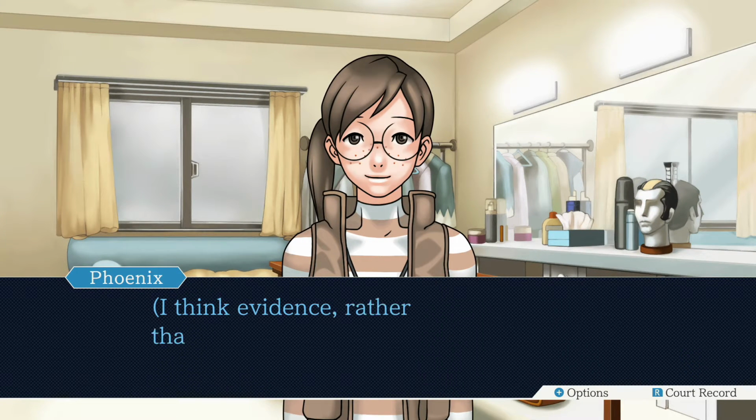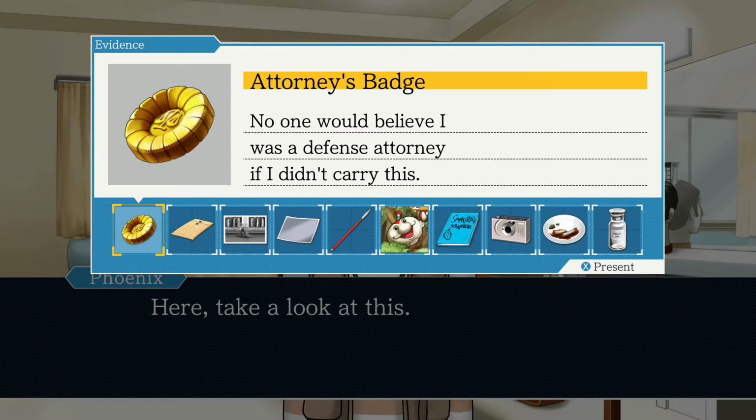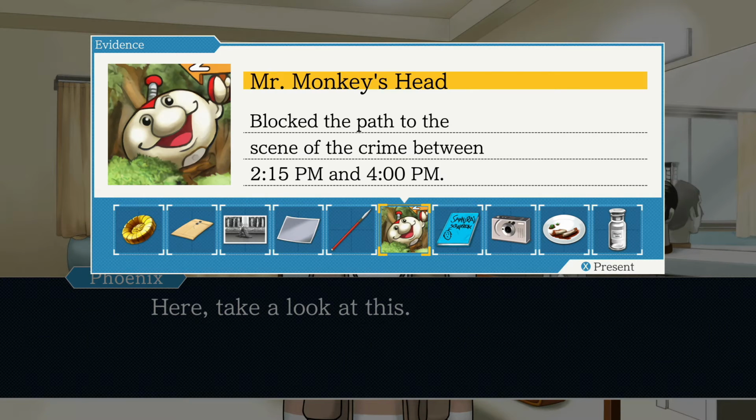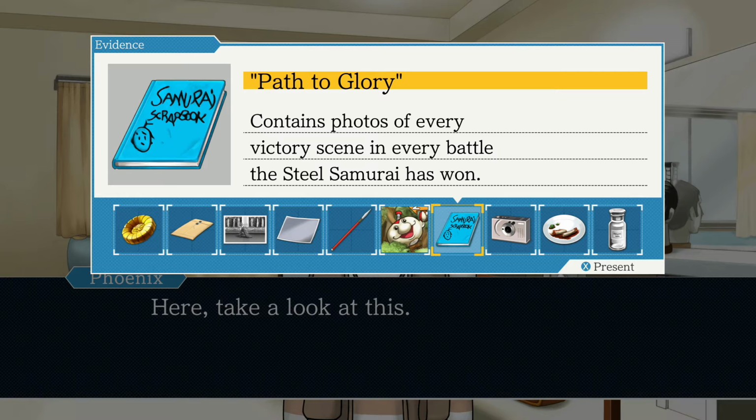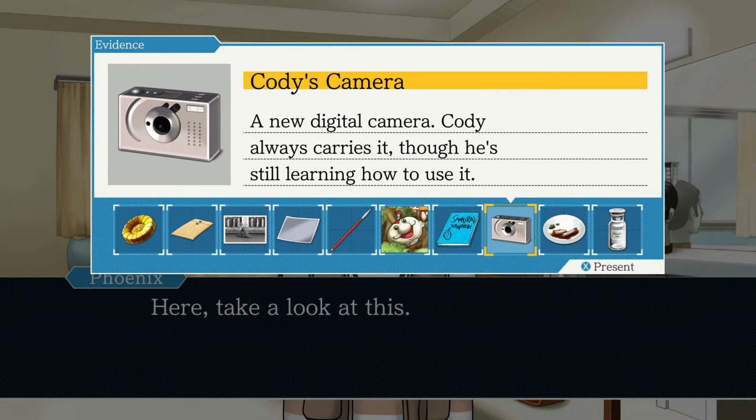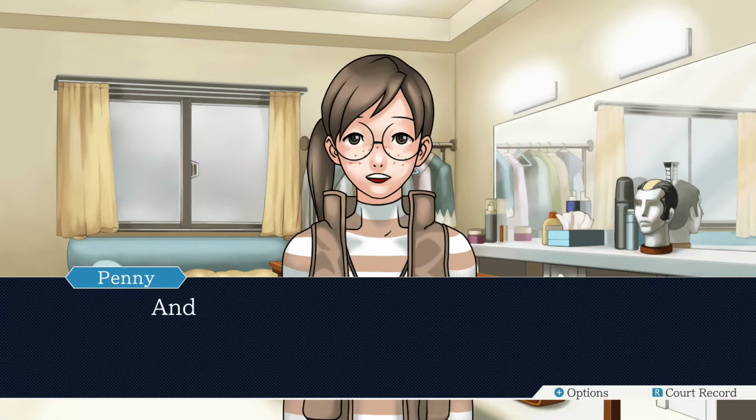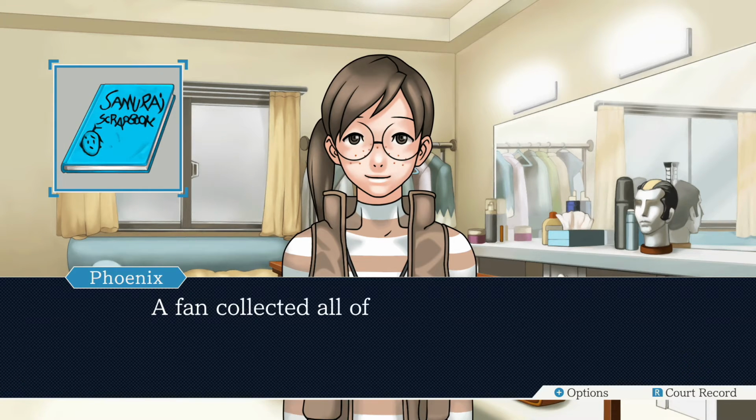Something. I think evidence rather than words is called for here. Here, check this out. What do you want me to show her? The scrapbook, I think, anyway. Okay. And this is... A fan collected all these photographs.